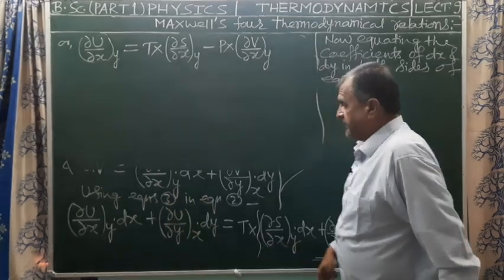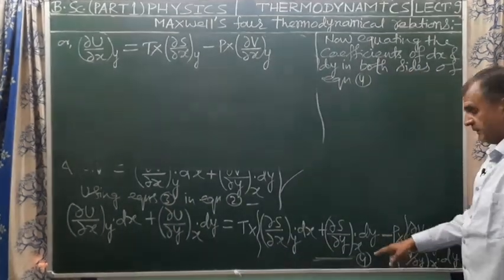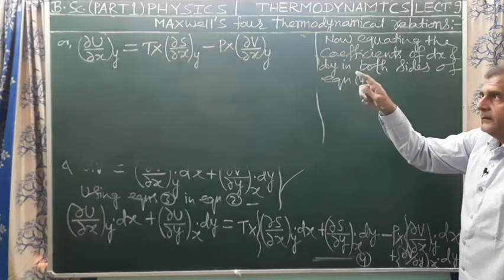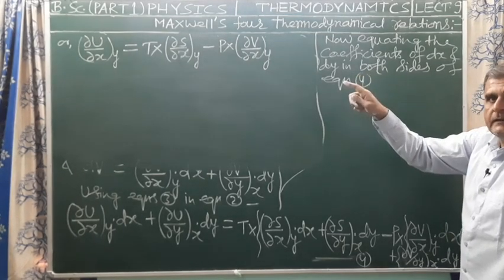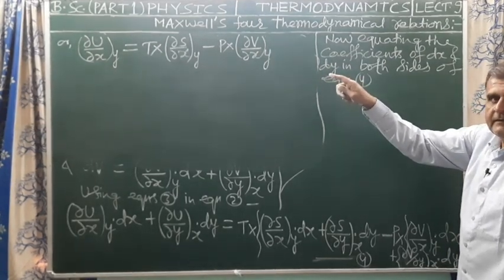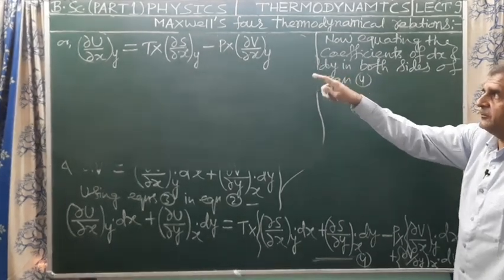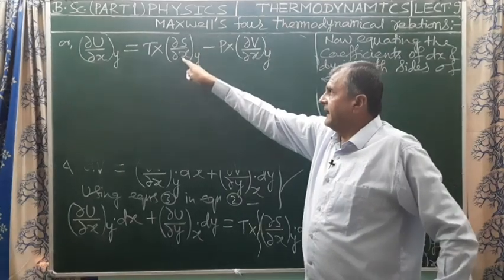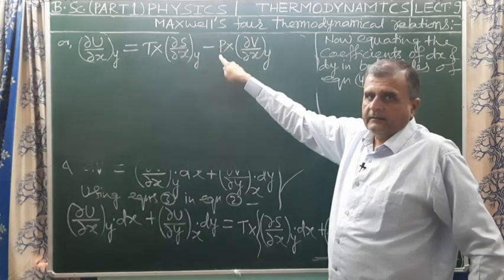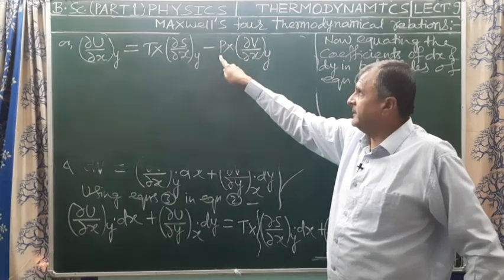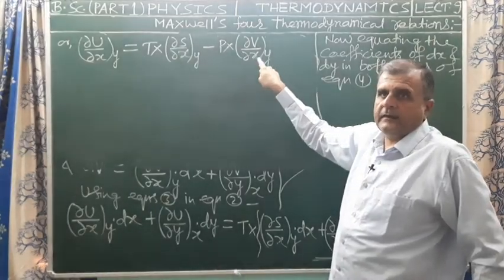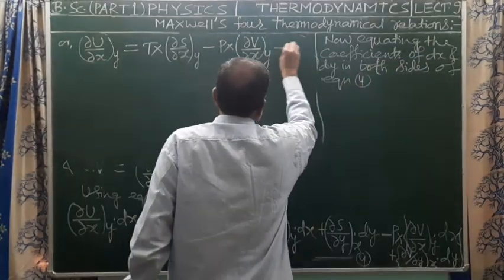So after equating the coefficients of dx in both sides of equation 4, we have obtained in the LHS del u upon del x at constant y equals capital T multiplied by del s upon del x at constant y, that is change in entropy partially with respect to x, and the second term, the coefficient of dx in the second term of the RHS of equation 2, is minus p into del v upon del x at constant y, and suppose it is equation number 5.